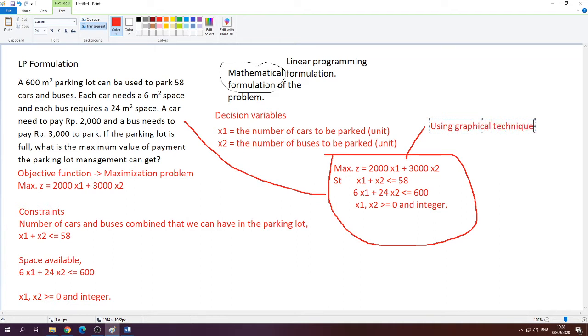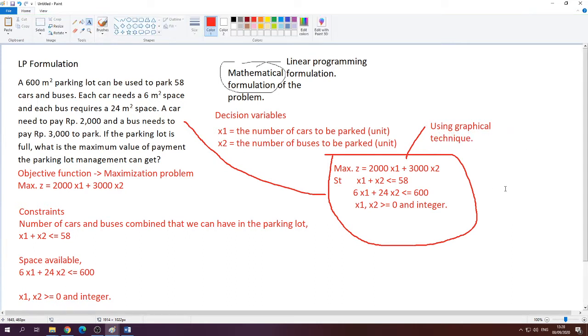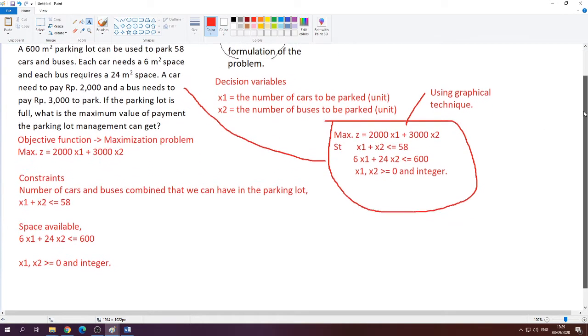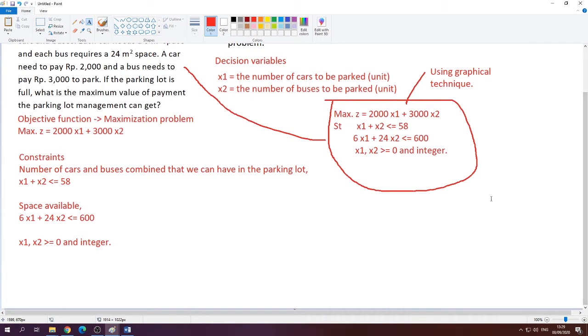The graphical technique fits a linear programming problem that has only two decision variables. We have x1 and x2, they are the only two, so we can solve this parking lot problem using the graphical technique. Now let's do that.